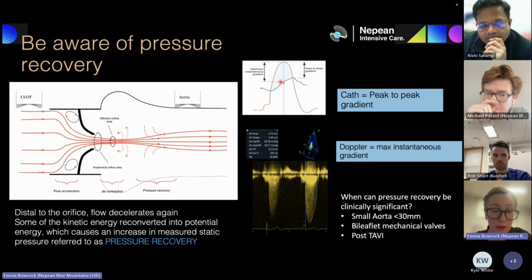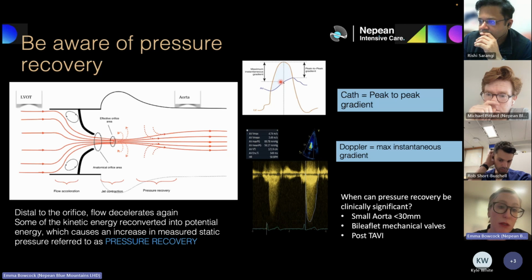There's increasing literature coming out, and there's a really nice paper that was in JASE, I think in last month's JASE, talking about the discrepancies between cath and Doppler in patients post-TAVI. It's a really nice paper, I can share it with you. They looked at native valves, surgical AVR and TAVIs, and looked at some of the problems with the simplified Bernoulli and pressure recovery and things like that, which is why there's discrepancy. And then sometimes you can have this problem in patients with really small aortas.